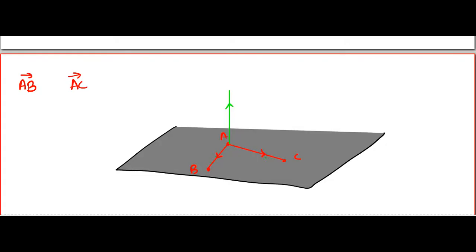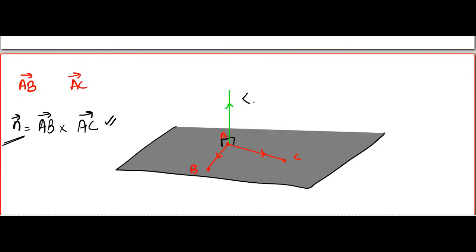I think in your class 12 you have learned that the cross vector is perpendicular to both AB and AC. So the normal will be the cross product. Never forget, the cross product is a vector which is perpendicular to two other vectors. So if you want, you can use this technique to find the normal direction.